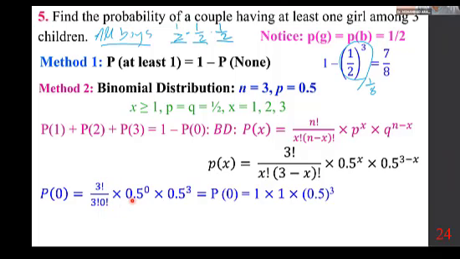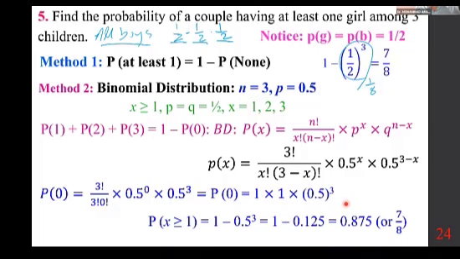This is 1. 0.5 to the power of 0 is also 1. Ultimately it becomes 0.5 cubed, which is 1/8. And 1 minus that is 0.875 or 7/8, the same as the previous one. So you have 2 choices in this case, 2 ways to tackle the problem.